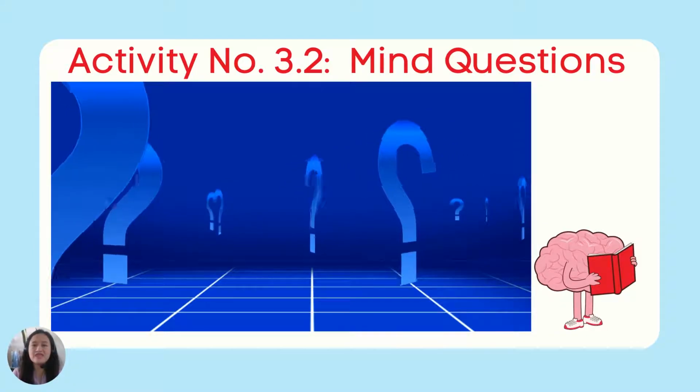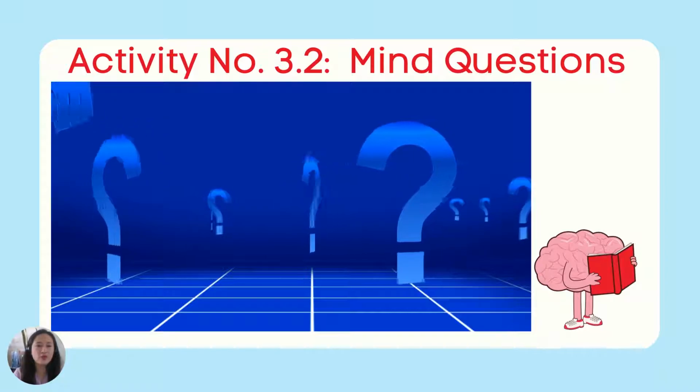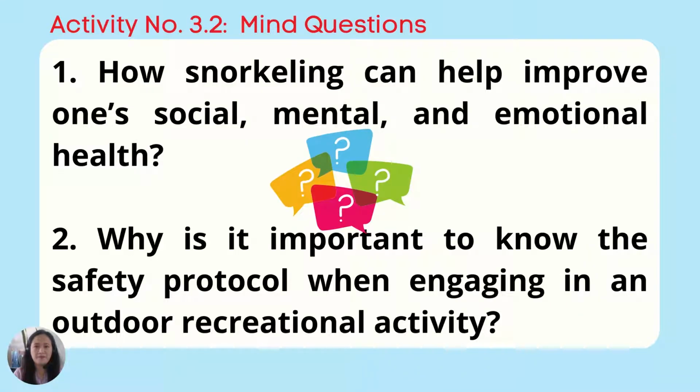And the next activity in your learner's activity sheet, you have there the mind questions. Now you just have to read the questions on this next slide and explain your answers on your answer sheet. Now here are the sample questions. How snorkeling can help improve one's social, mental, and emotional health.